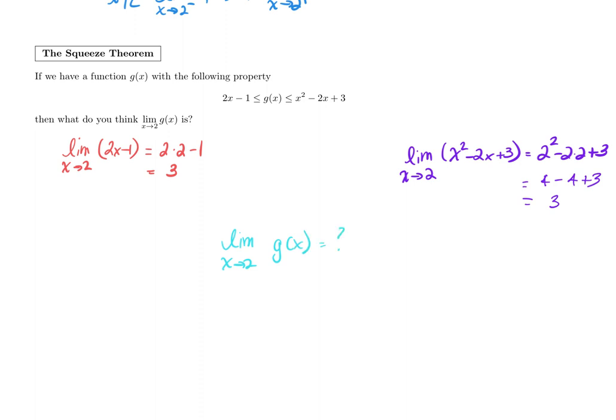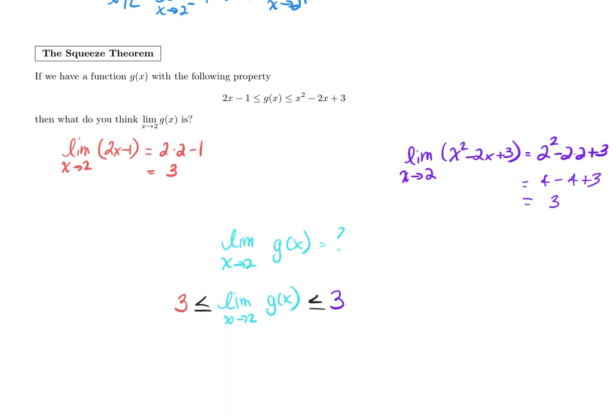I'm thinking that the limit is probably between 3 and 3. I think 3 is going to be less than or equal to our limit as x approaches 2 of g of x, which is going to be less than or equal to our limit on the right, which was 3, the higher one.